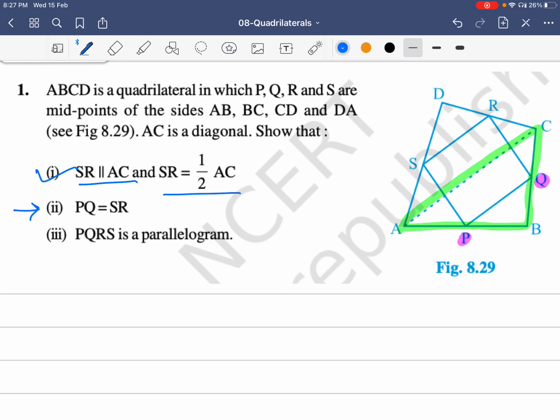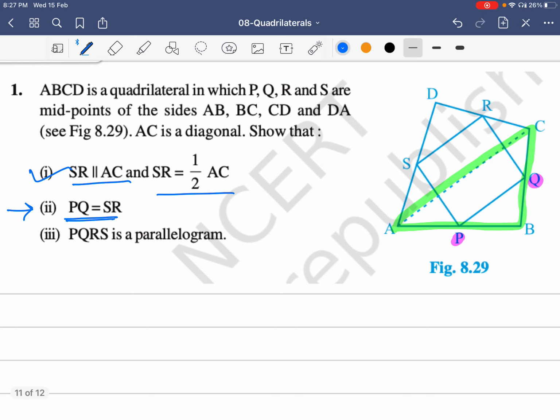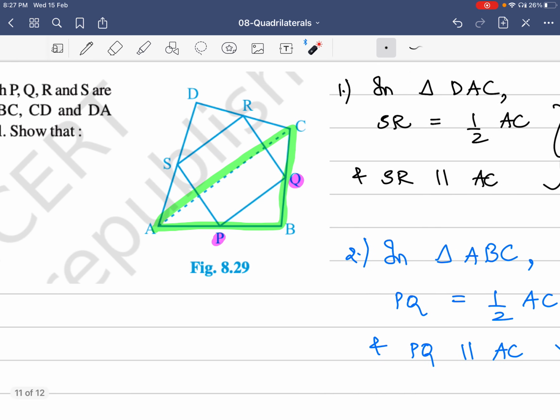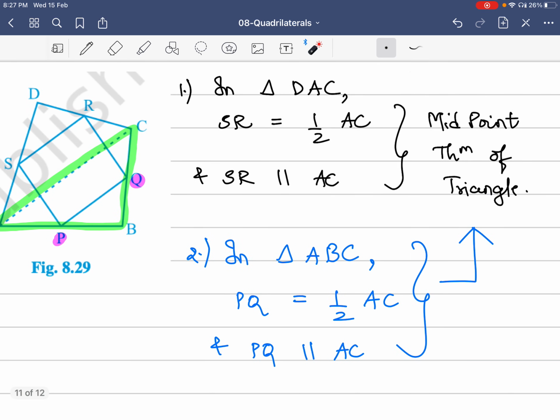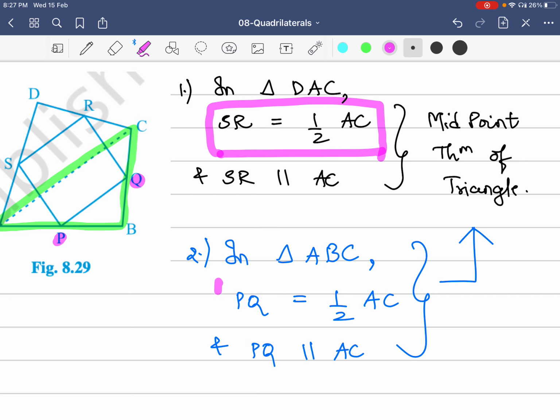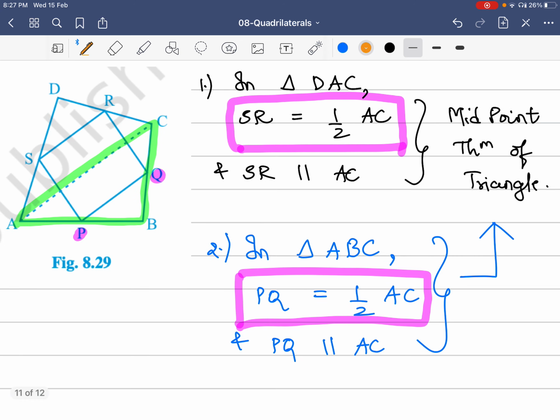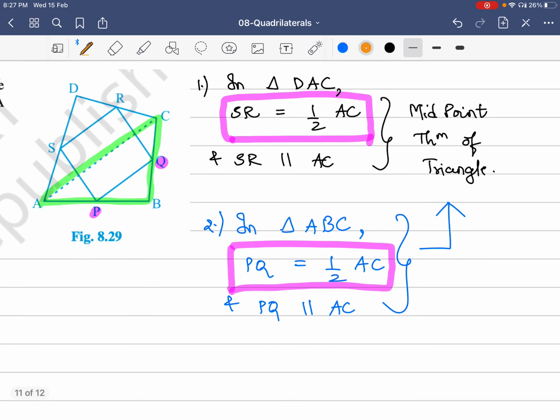Now, the second thing we want to prove is PQ is equal to SR. Again, that's very obvious. Look at this: SR is half of AC, and PQ is also half of AC. So I'm just going to write here, point number three.